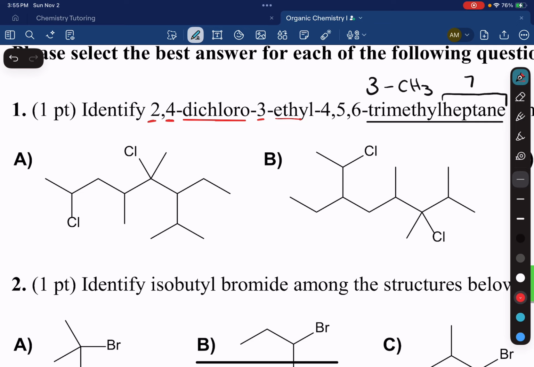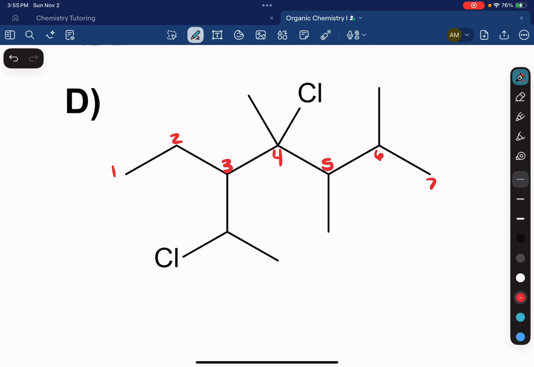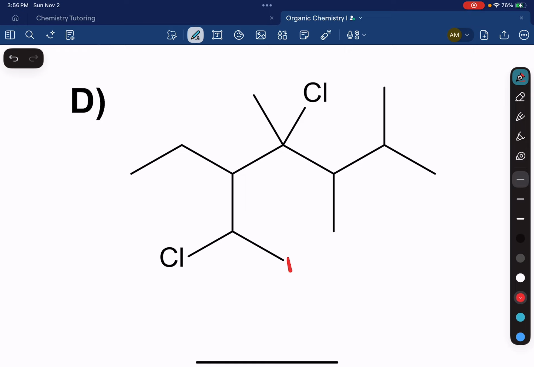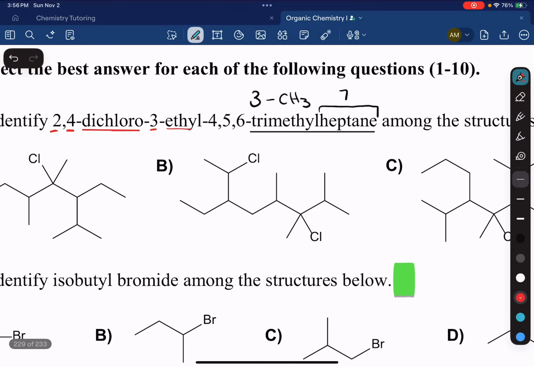So this should be consecutive. Okay, so let's look. Carbon 2 and 4, do we find chlorines? We have one on 4. We don't have one on 2. Now, could that be a numbering error? Possibly. So let's look. Can we number this a different way? We can go 1 here, 2, 3, 4, 5, 6, 7. Okay. Now that puts chlorine on 2, and it puts chlorine on 4. Okay. Now let's look again.